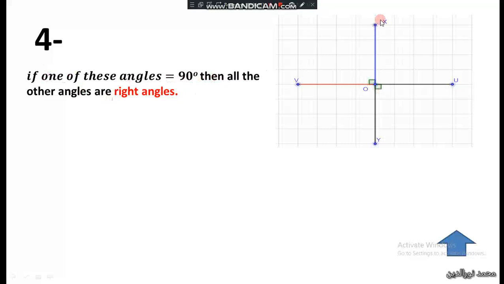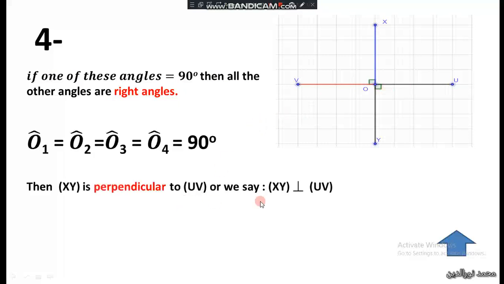And then what could we say about the two straight lines XY and UV? We say that they are perpendicular to each other, and we denote that by XY perpendicular to the straight line UV.